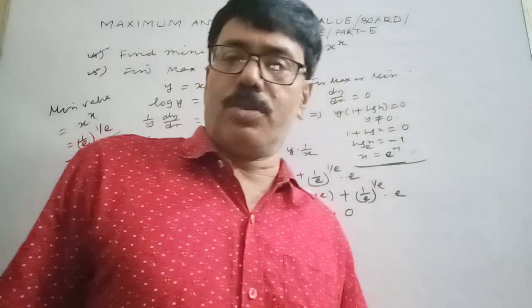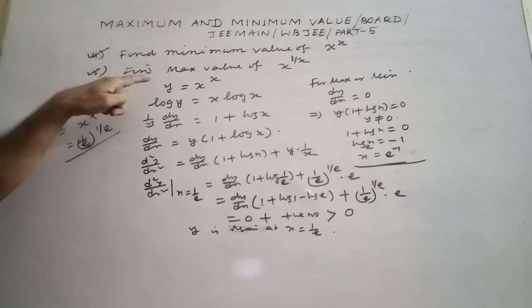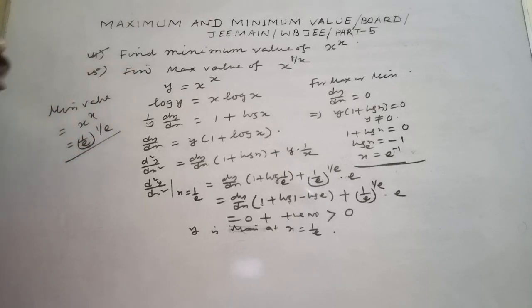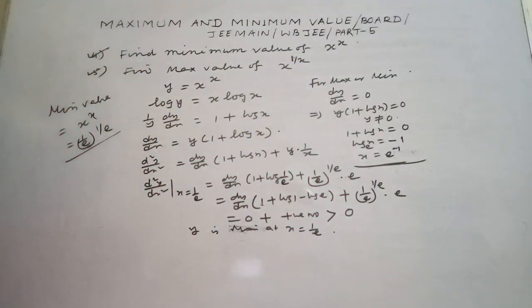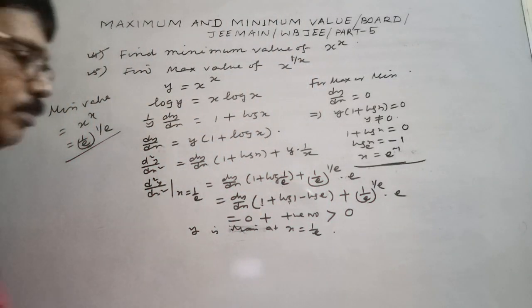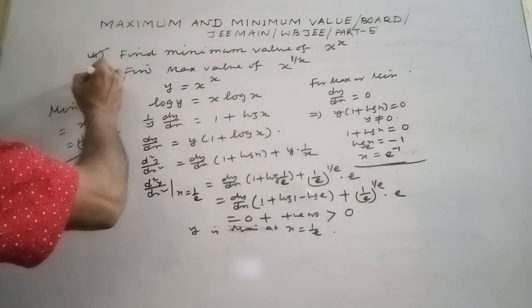Now you can also use a result. There is a result: if y is maximum or minimum, then log y is also maximum or minimum. So I will use this result in the next problem.